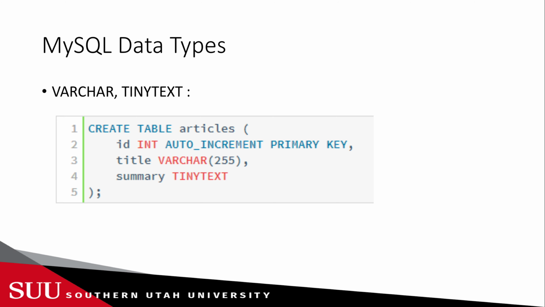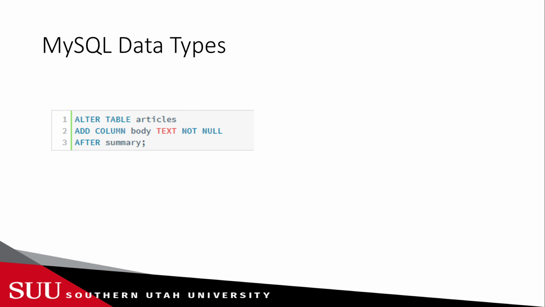Now it depends on the setup that you have. Sometimes if you go over the allowable number of characters, in some setups it's going to just reject the data. Some of them will give you an error, and some of them will just chop off the rest. And then for summary, it's tiny text, and this is how you define tiny text data type.